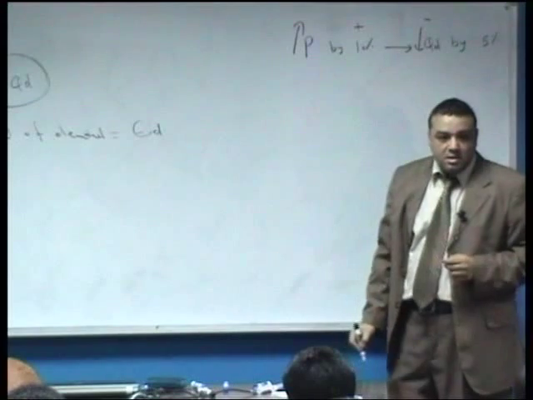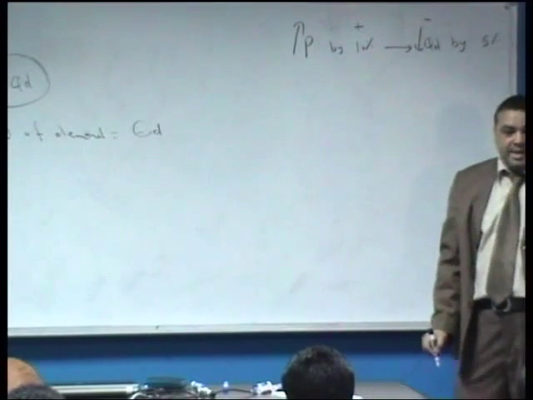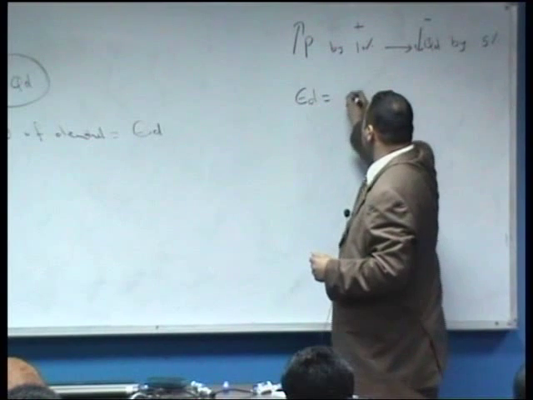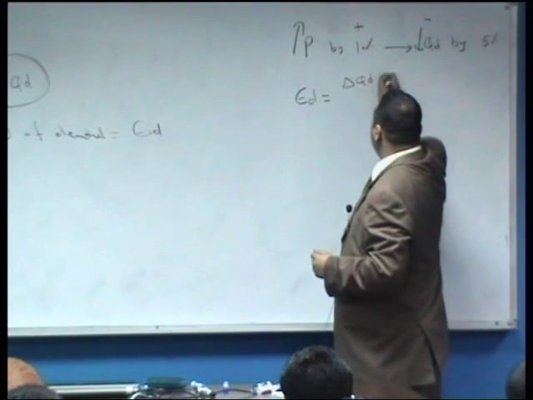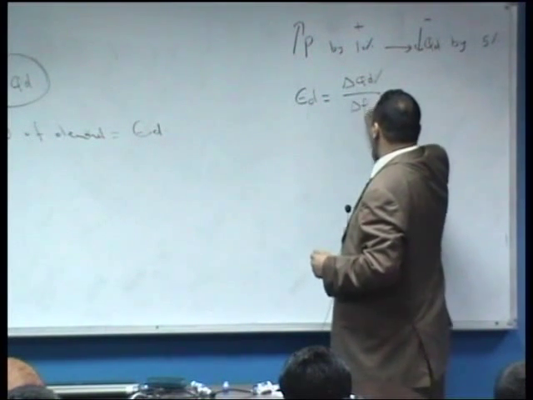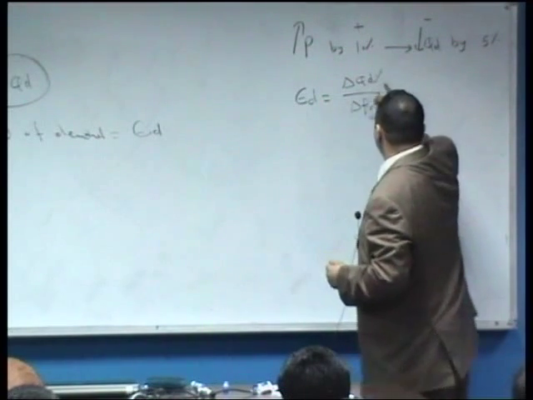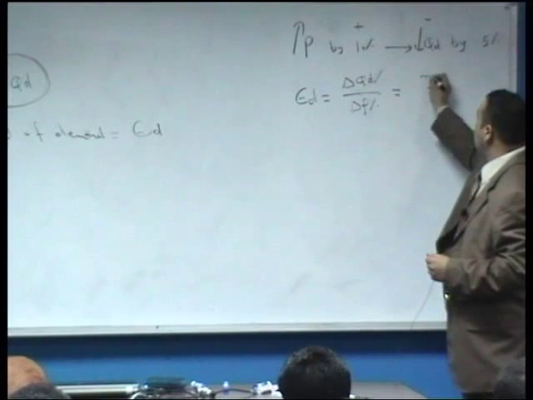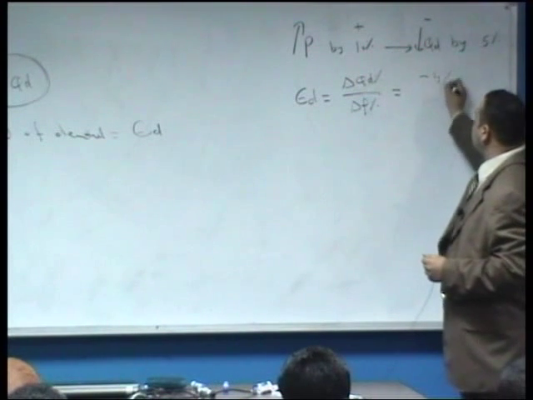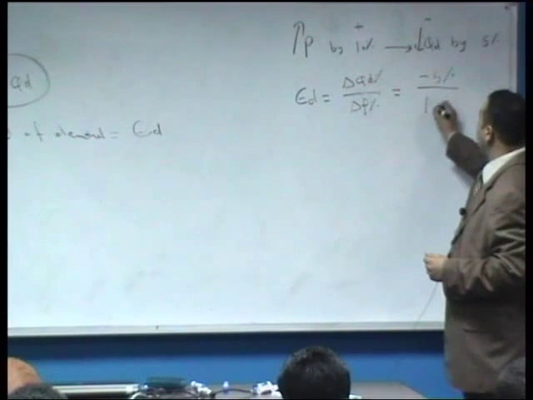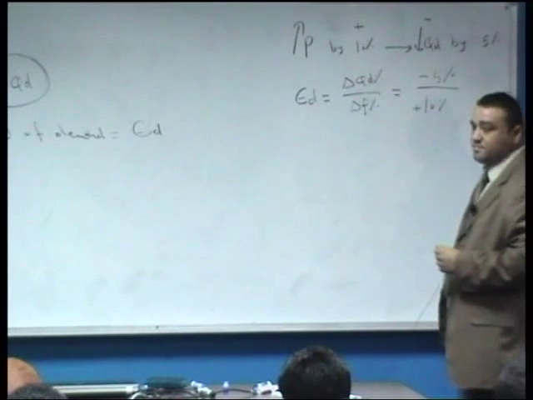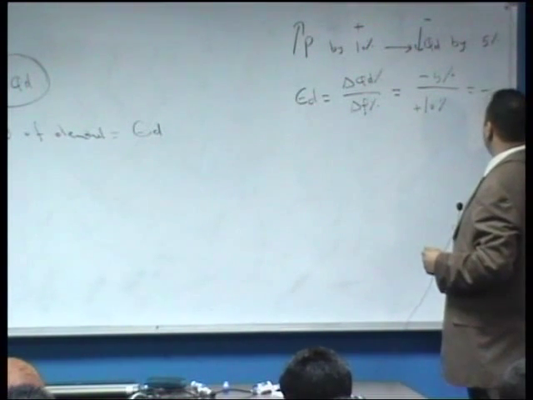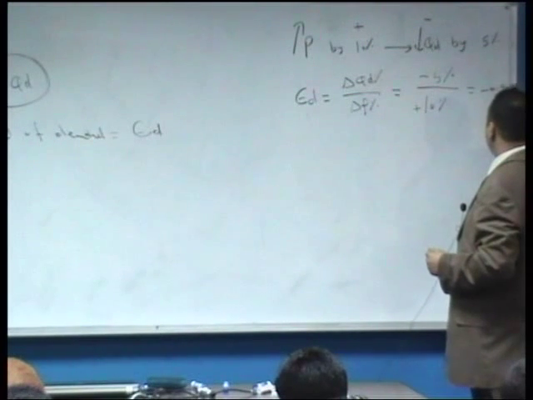In this case, the price elasticity of demand equals delta QD percent over delta P percent, which equals the quantity demanded declined by 5%, minus 5%, over 10% positive. So it would be minus 0.5.